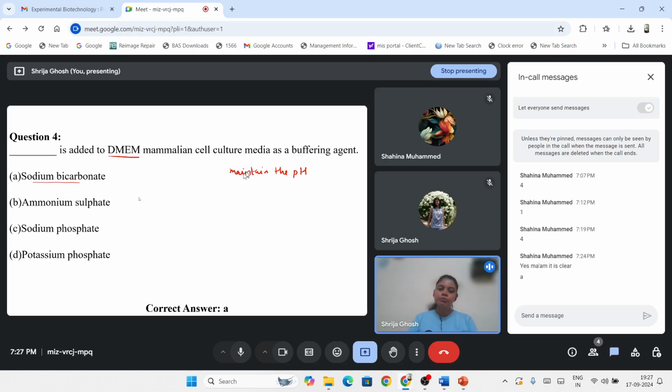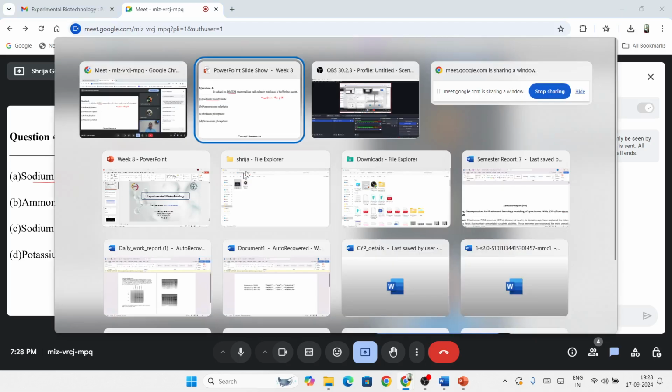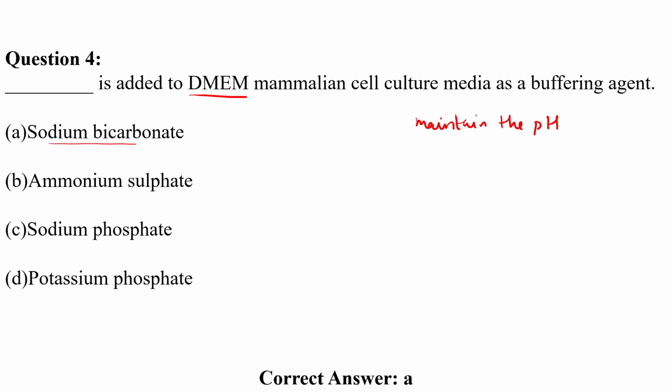When you are providing such elements and the cell is growing, there's a chance that the cell is releasing some kind of component that can reduce the pH. Also, there will be some cells that are dying along with the cells that are dividing.